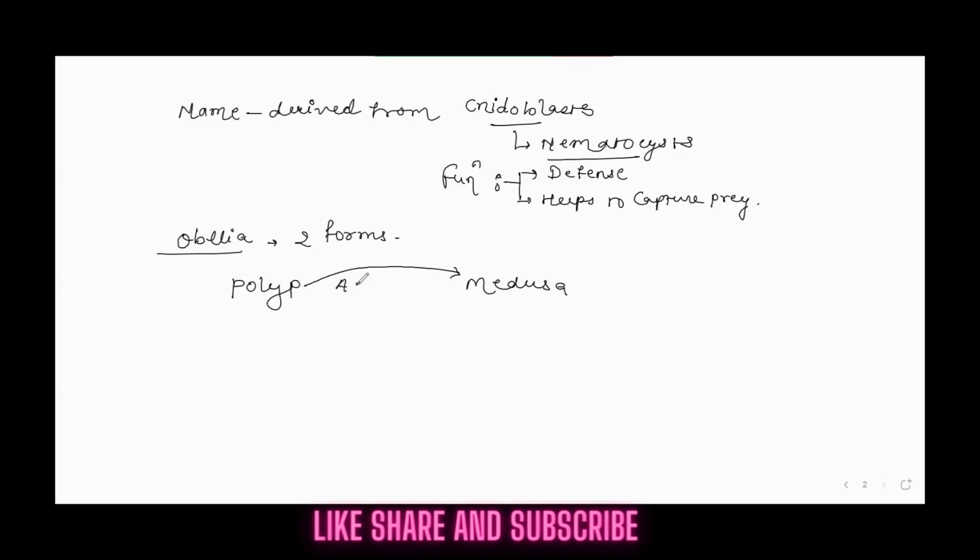And sexually, okay? And alternation of generation, which is metagenesis. Here again, medusae form polyp sexually. Okay, so this is called alternation of generation.